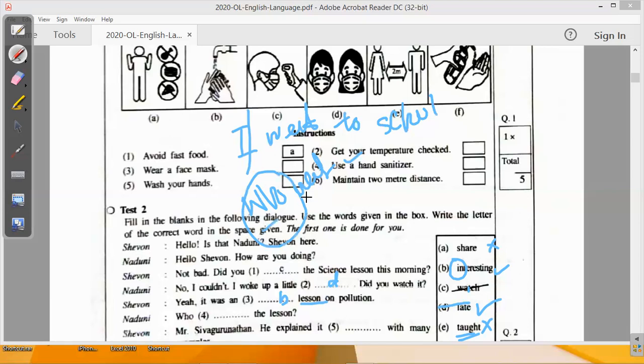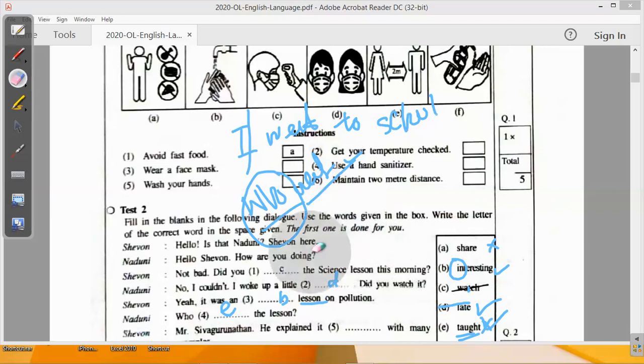So who should be followed by a past form of a verb which is taught, right? It has to be who taught the lesson, right? So that's how we answer. That's how we answer, right?